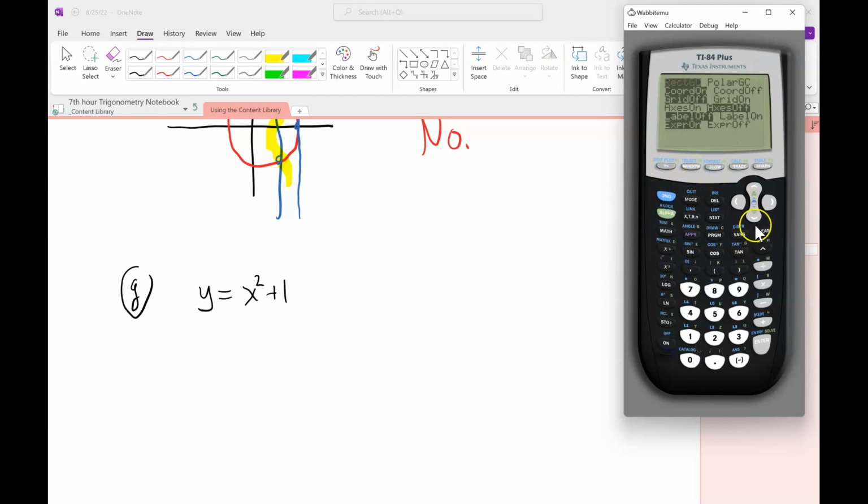Got to go reset my calculator for what we're doing here. So there's my graph. What do you think?